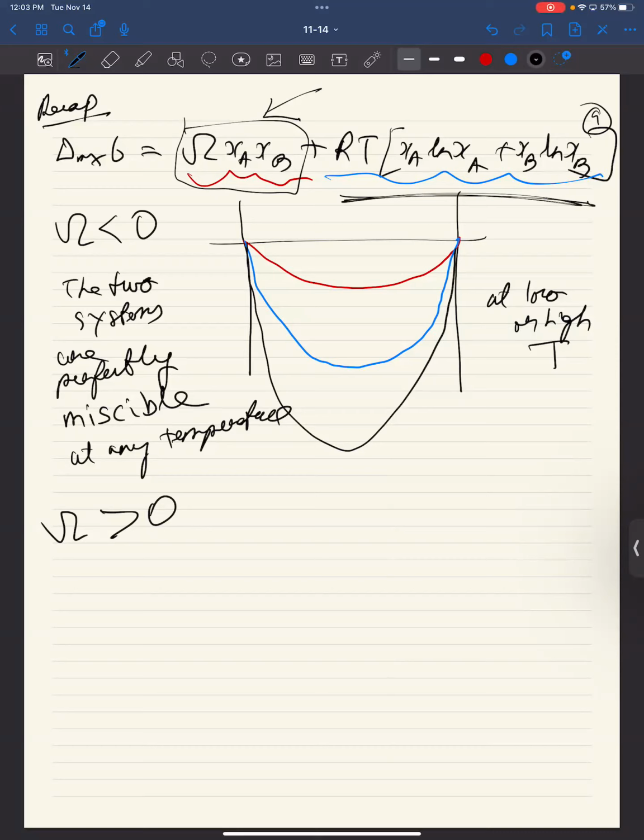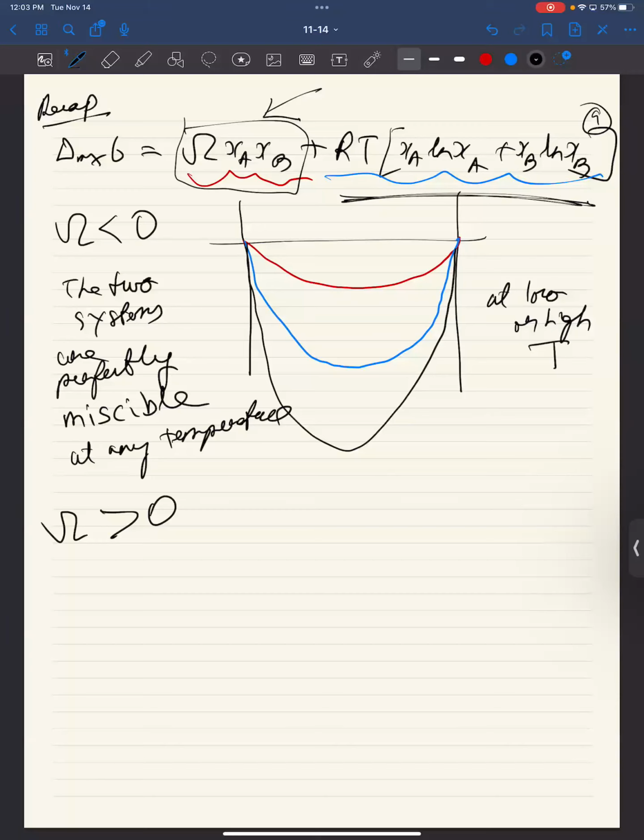So if omega is positive and you go to very high temperature, things mix. At high temperature, if all of you have consumed 50 bottles of Red Bull and come to the class, you will all be just jumping around. It doesn't matter whether you like each other or not. You'll be jumping from one corner to another. So that's how you can think of temperature.